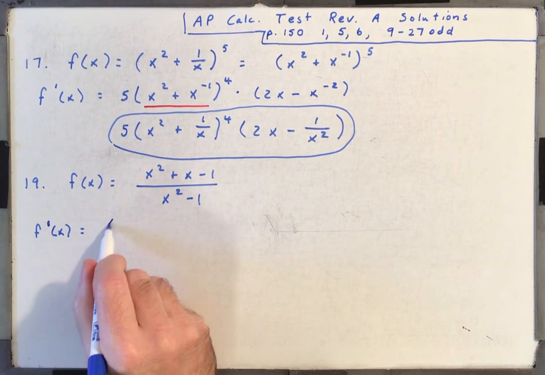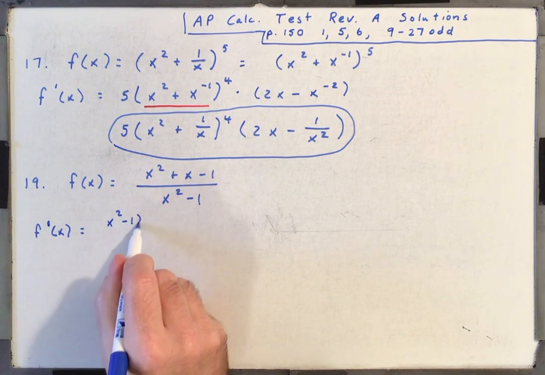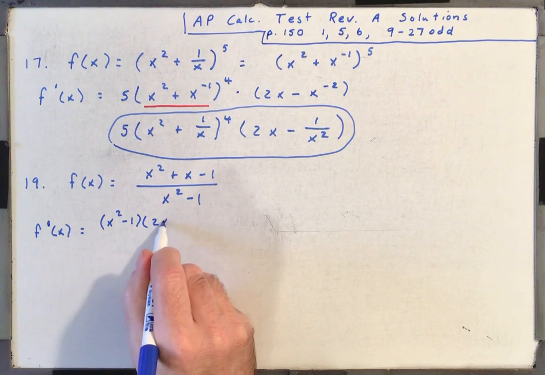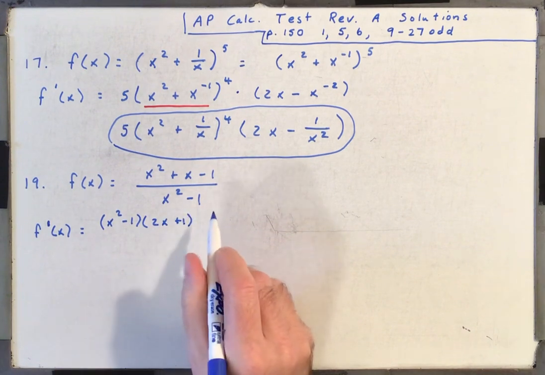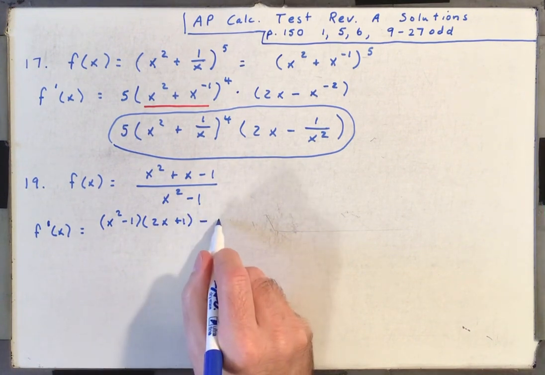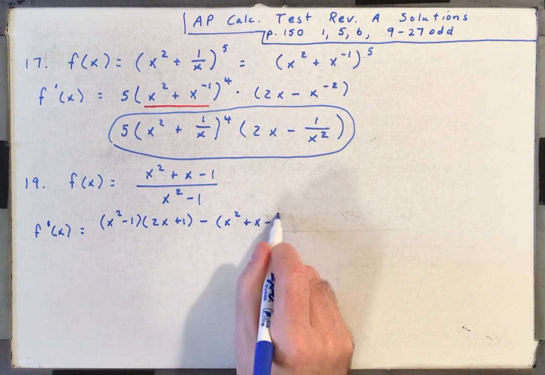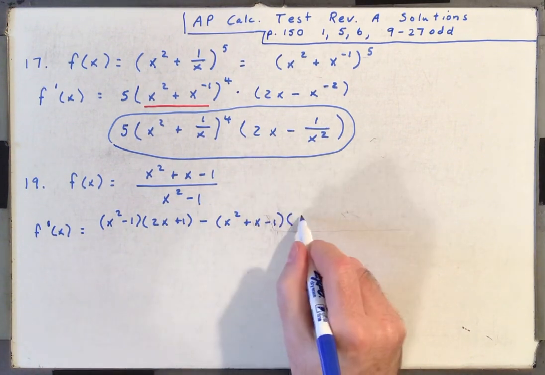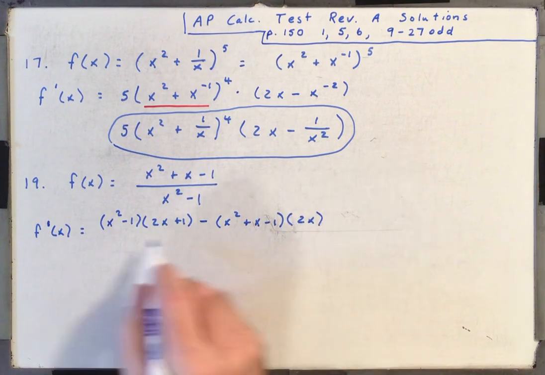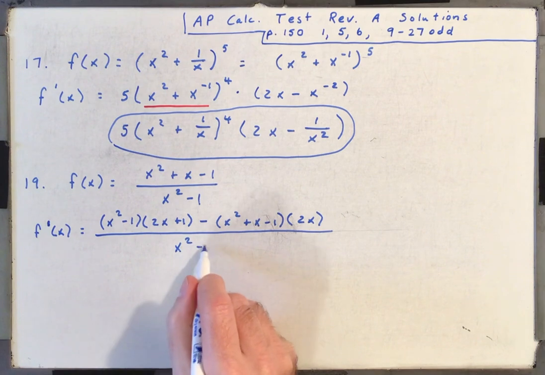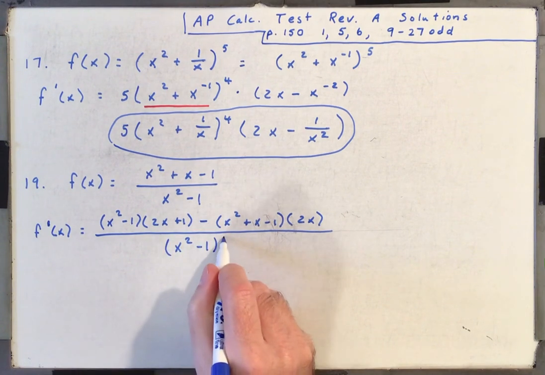So we've got the bottom, x squared minus 1 times the derivative of the top, 2x plus 1, minus the top, x squared plus x minus 1, times the derivative of the bottom, 2x, all over the bottom, x squared minus 1, squared.